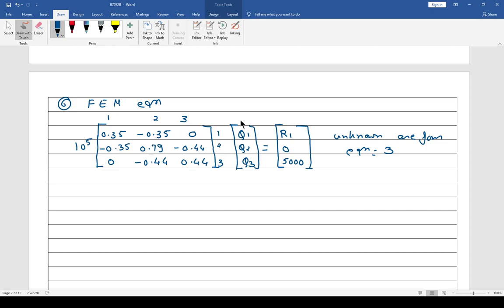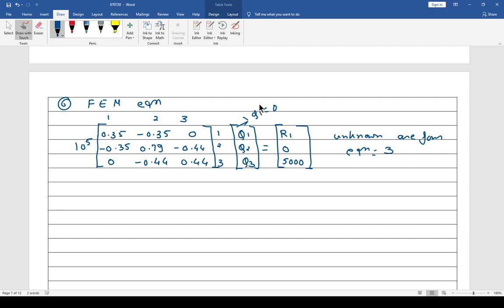Therefore, as I know this is my known displacement, q1 equal to 0, its differentiation with respect to q1 will always come to 0 because this is known, or constant. It could be any value, a value, b value or 0 value.